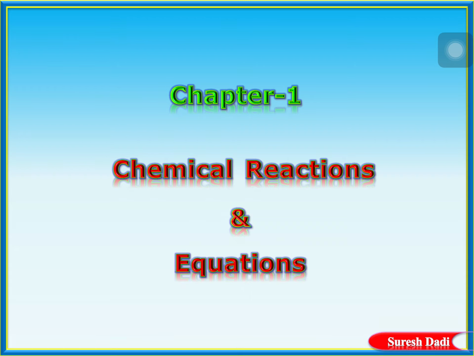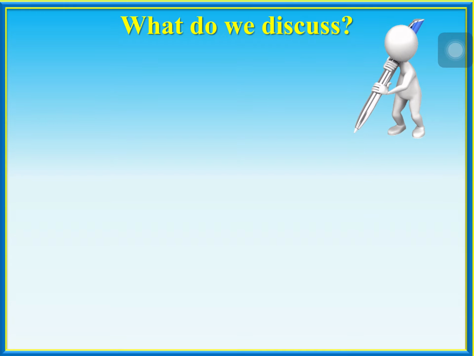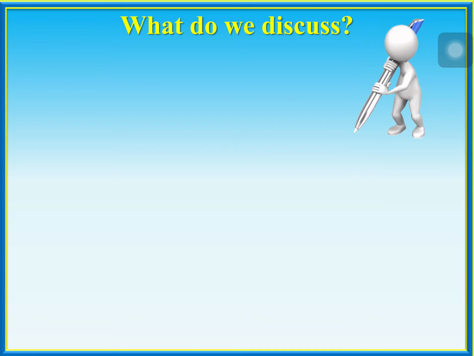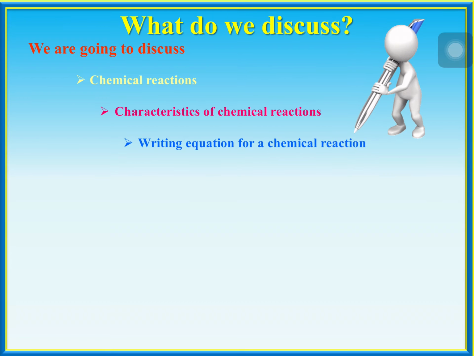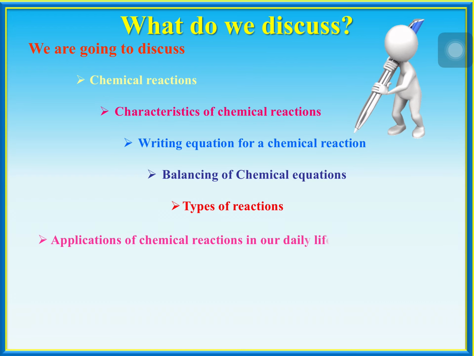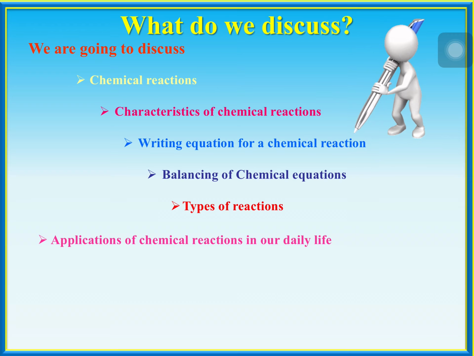So if you proceed further, what do we discuss in this chapter? What is this chapter trying to tell us? Can you guess? We are going to discuss chemical reactions, characteristics of chemical reactions, writing equation for a chemical reaction, balancing of chemical equations, types of reactions.